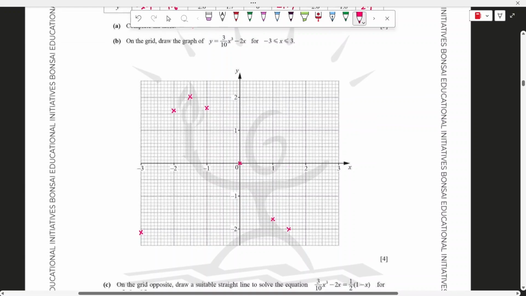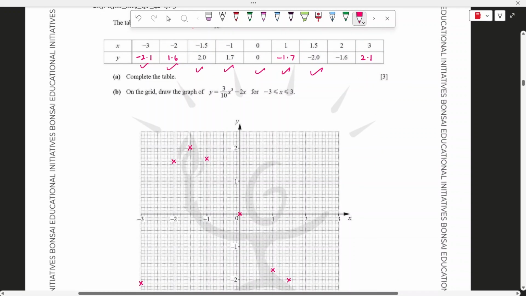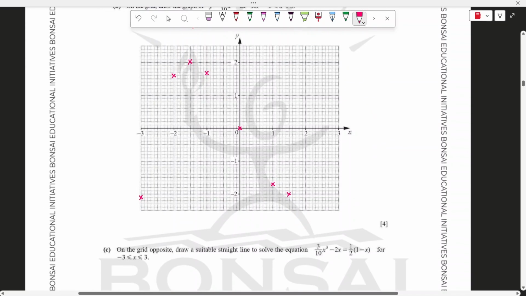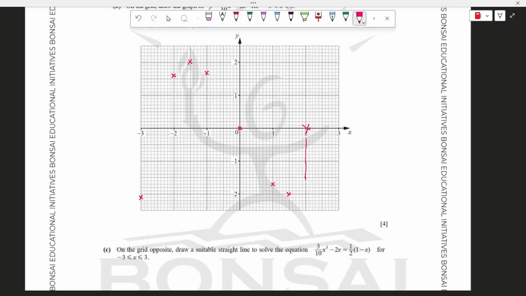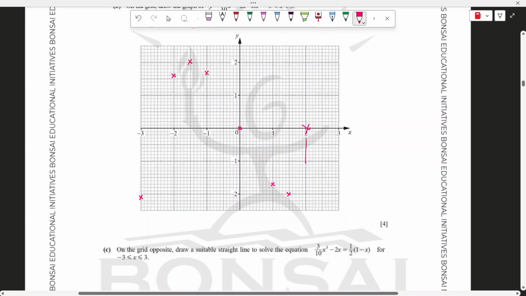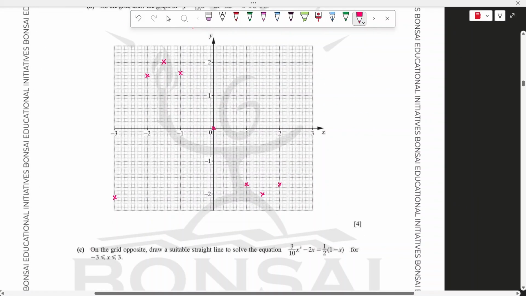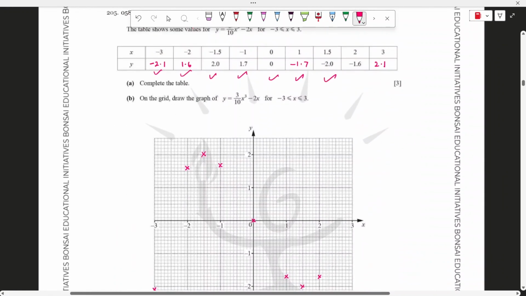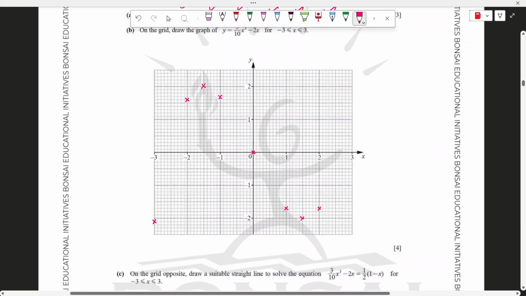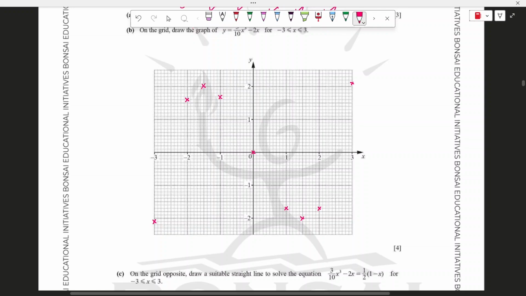And 2, minus 1.6: that is 2, and 1.6 is between 1.5 and 1.7, approximately here. And the last thing, 3, 2.1: so x is 3 and 2.1 is approximately here.